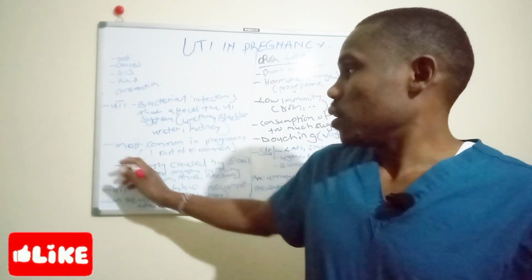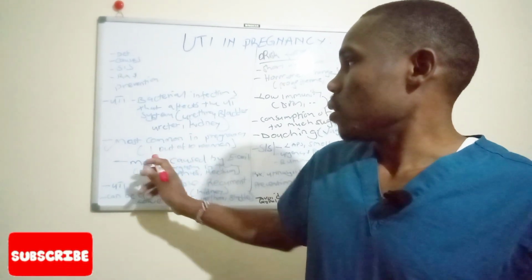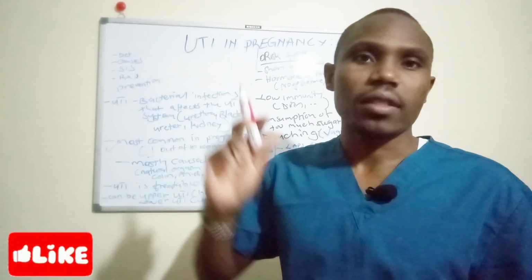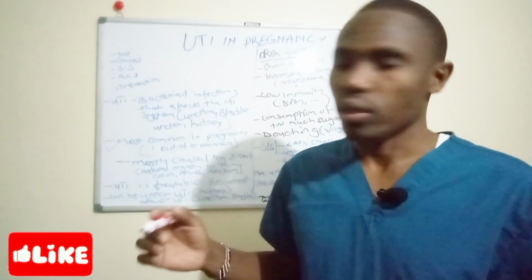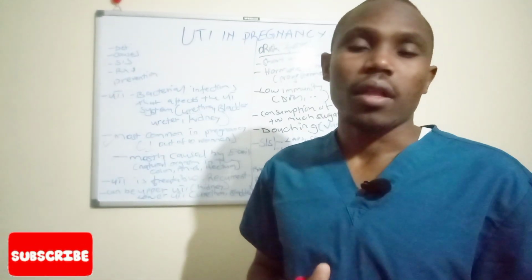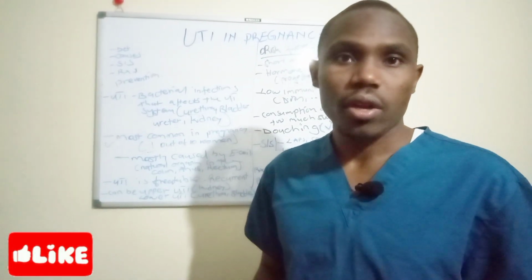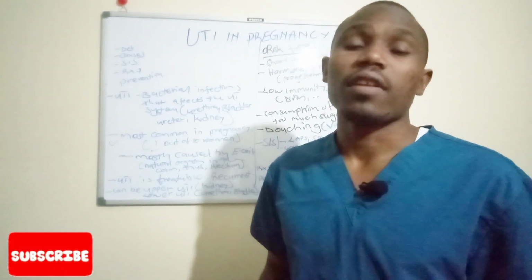The other thing is that they are very common in pregnancy, and this is because 1 out of 10 women may have urinary tract infection. The other thing is that it is mostly caused by the E. coli. The E. coli is a bacteria that is naturally in the anus, the colon, and even the rectum.